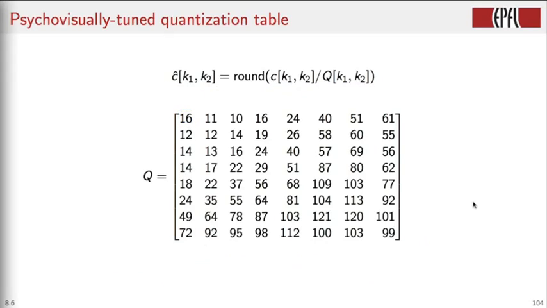So if the entries in this matrix specify the width of the quantization interval, small values will denote a fine-grained quantization and therefore more bits allocated to that DCT coefficient, whereas large values like we have here denote a very coarse quantization, which means that most of the values will fall into the dead zone and will be 0 pretty much all the time.